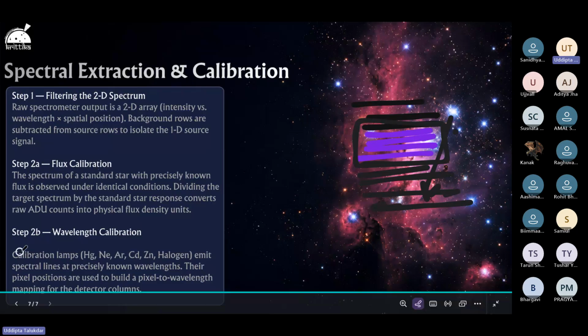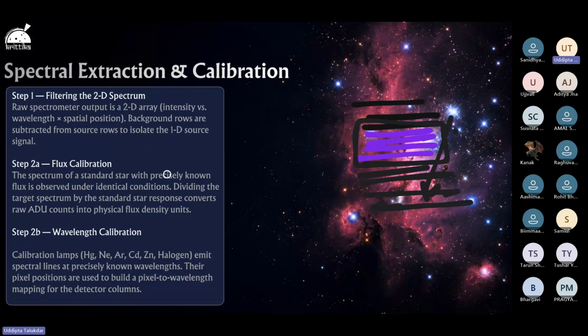Next is the wavelength calibration. So right now our x-axis is just pixel numbers. You need to convert pixels to actual wavelength in nanometers, which is the final step here. So we shine calibrated lamps into the spectrograph. These lamps emit light at very precisely known wavelengths. These are fixed by physics and they never change.